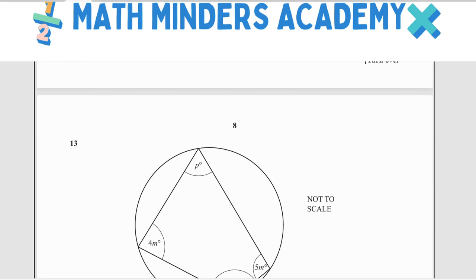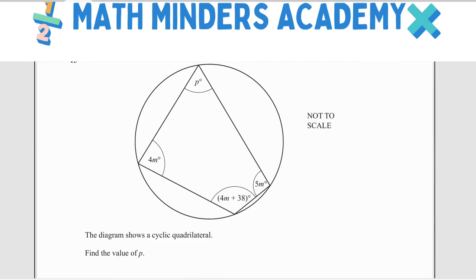So we proceed to question number 13, circle geometry. For question number 13, we are looking for the value of p. First, look at this. It touches the circle. This quadrilateral touches here 1, touches here 2, touches here 3, and then there is a touch here 4. So this is a cyclic quadrilateral.